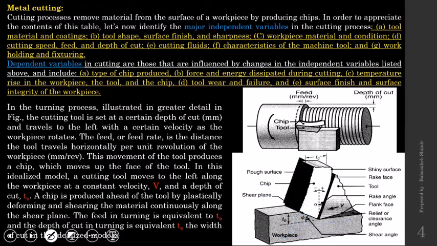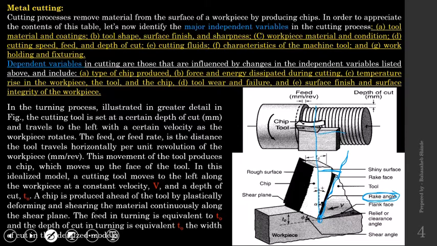Then another important parameter is this rake angle. This rake angle we already have discussed. At this point, if I draw a vertical line and measure the inclination of this cutting tool face with that vertical, that angle is called the rake angle.